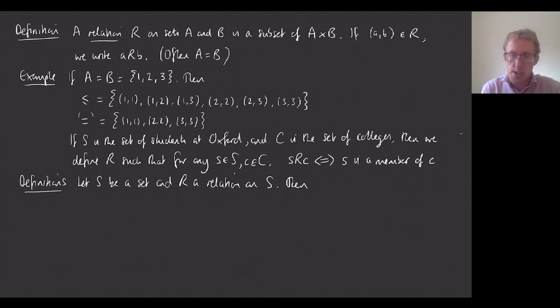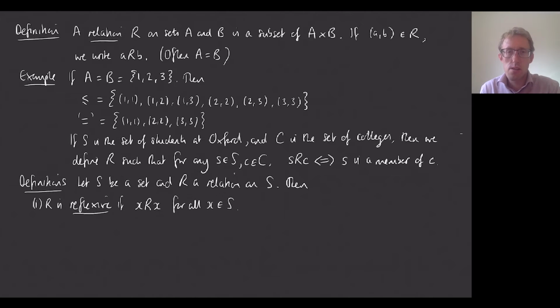Then I'm going to list 4 properties that they might have. So the first one is going to say that R is reflexive, and this means that x is related to x for all x in the set. Right, so if that's the case, then it's called reflexive.